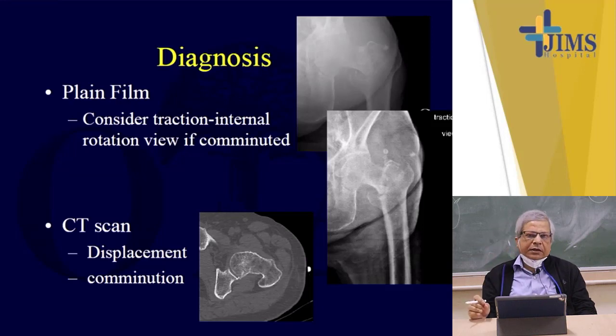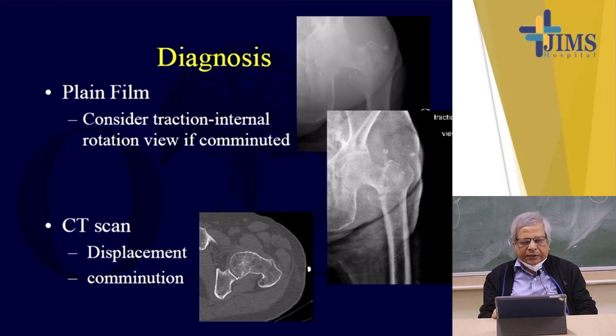So whenever there is a history of fall, the patient is unable to get up and take weight on that particular limb and is seen lying supine with the lower limb helplessly externally rotated, it should be taken as a fracture neck of femur unless proved otherwise. One should take an X-ray to confirm or disprove the diagnosis.